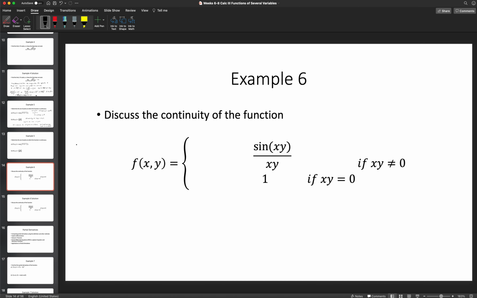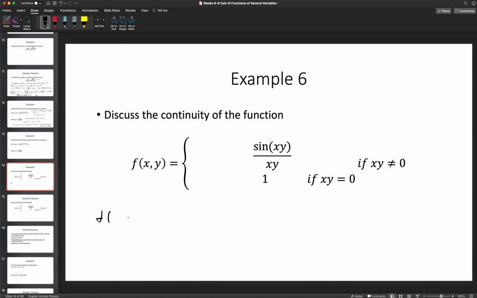In the previous example we were talking about continuity of the function on a domain, but here we're talking about a particular point, namely when xy is 0, for any of those pairs x, y that satisfy this. We have to consider the definition of continuity.